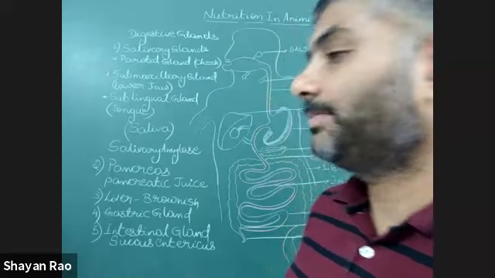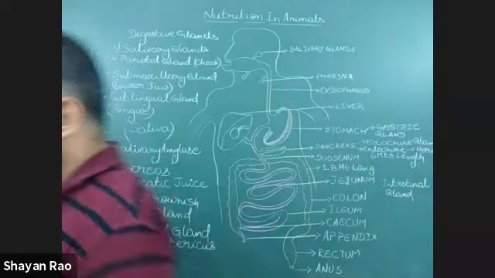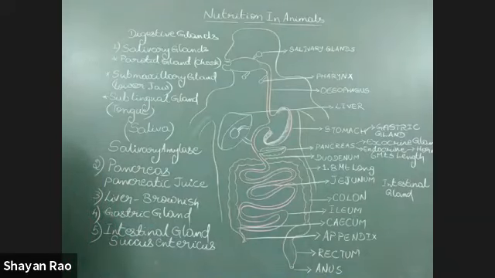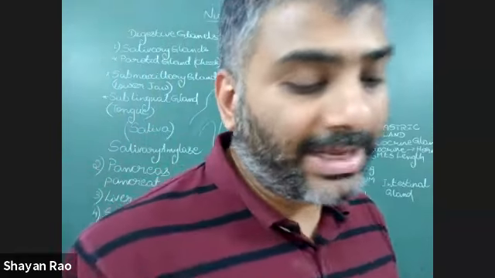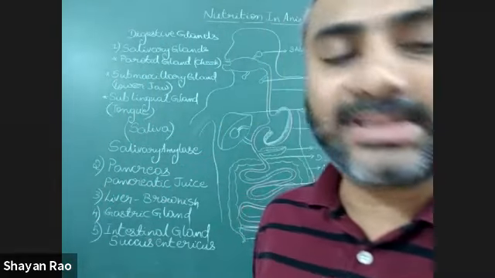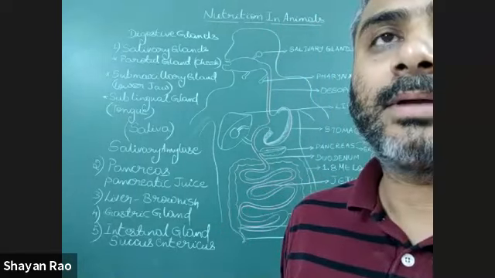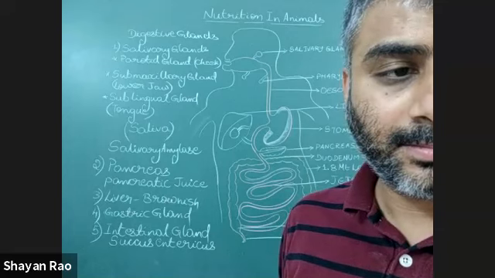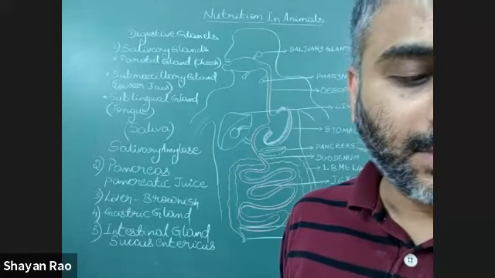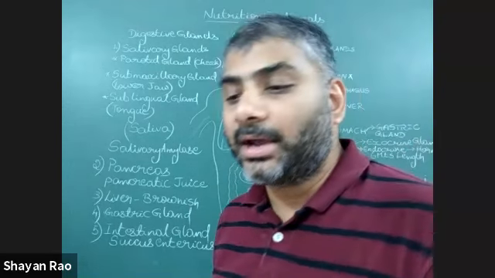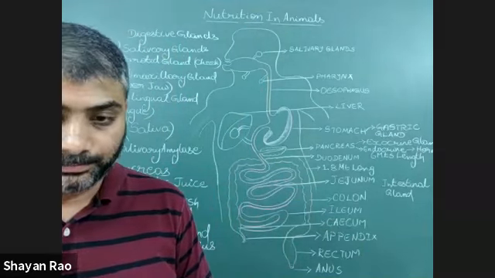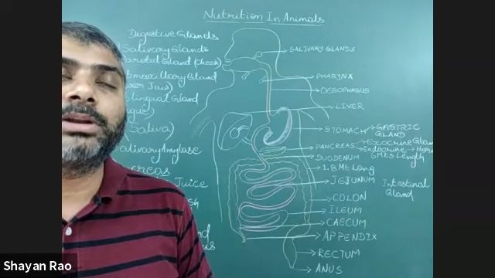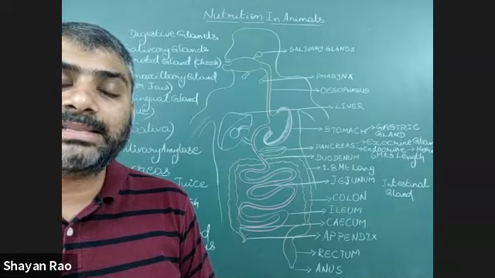Yes, sir. Next, liver. Liver is the largest gland of the human body and it is dark brown in color. It is termed a chemical factory.